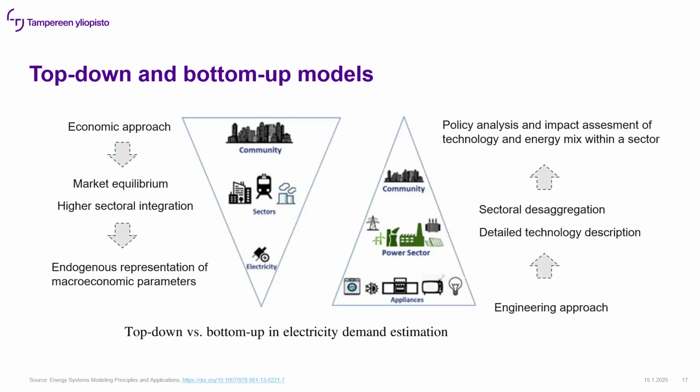So, for example, in the model, gross domestic product can be an exogenous input, so you can take it from elsewhere, or it can be calculated based on the model itself. So endogenous representation of macroeconomic parameters. So the model itself calculates the change in, for example, GDP.